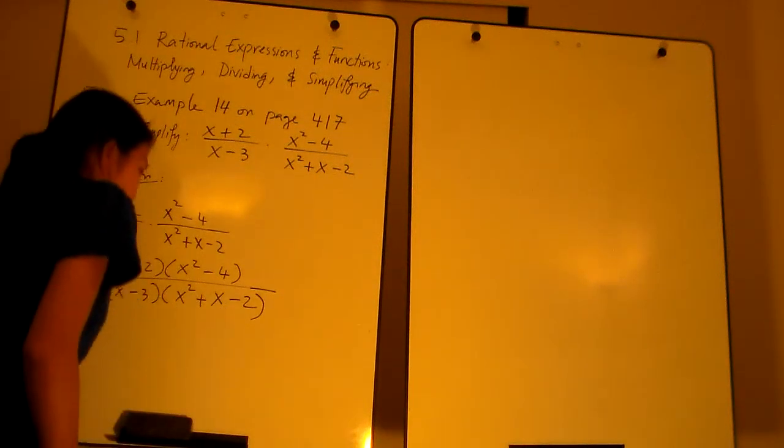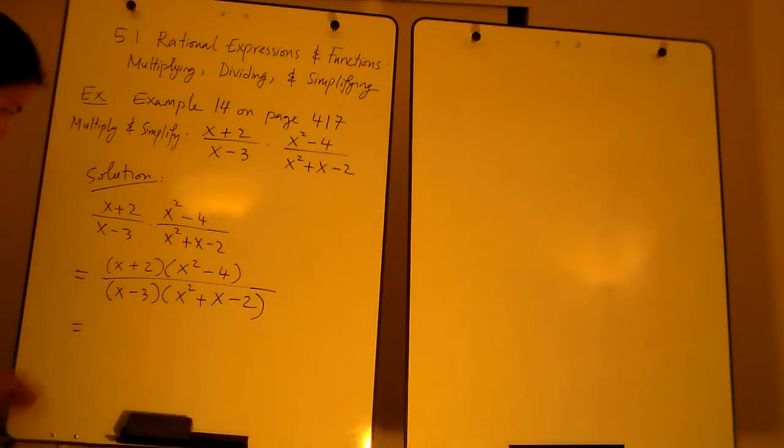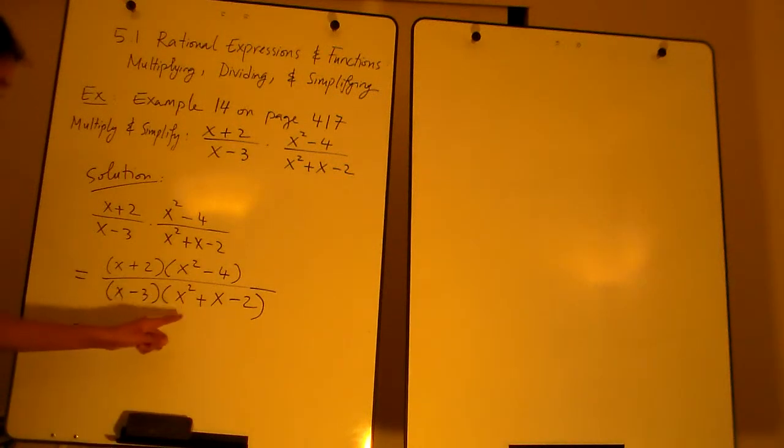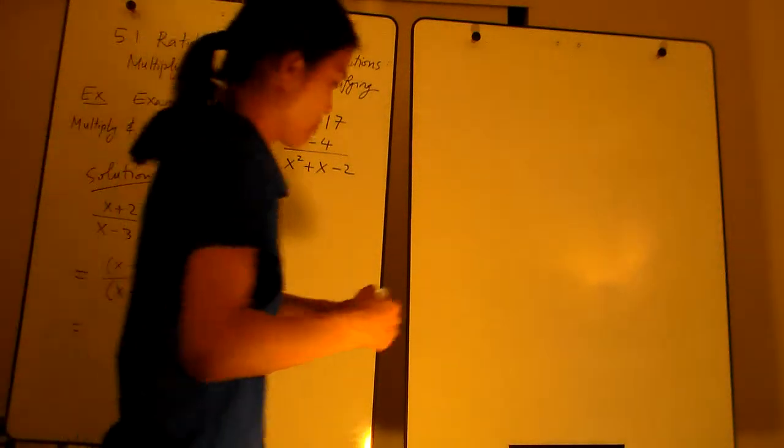So make sure you factor every factor completely, because when you factor completely, you can see any factors that you can simplify or remove. Like x plus 2 and x minus 3, these you cannot factor any further, right? You can leave them as is, but the term x squared minus 4, or the trinomial x squared plus x minus 2, you should try to factor as much as possible.